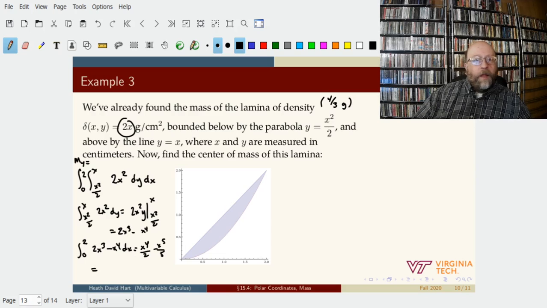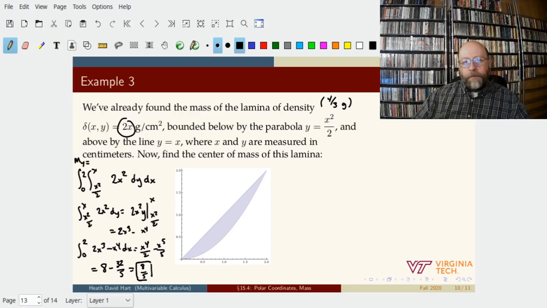And so when I plug in 2, I get 16 over 2, which is 8. When I plug in 2, I get 32 over 5. And when I plug in 0, I get 0. 8 minus 32 over 5 is 8 over 5. Okay? So that's one of the integrals.